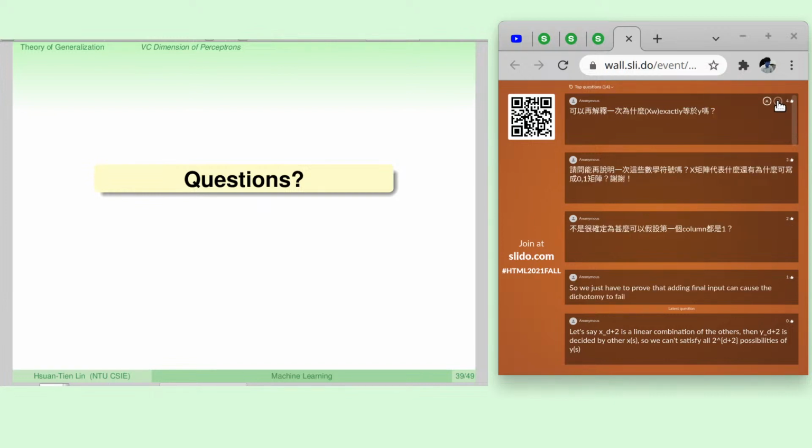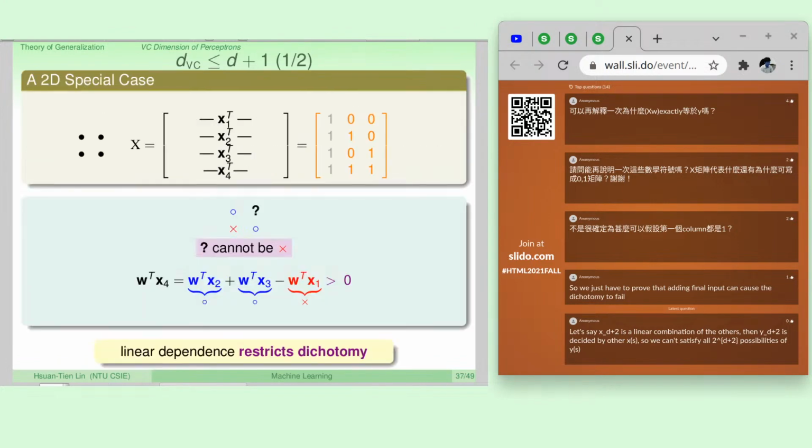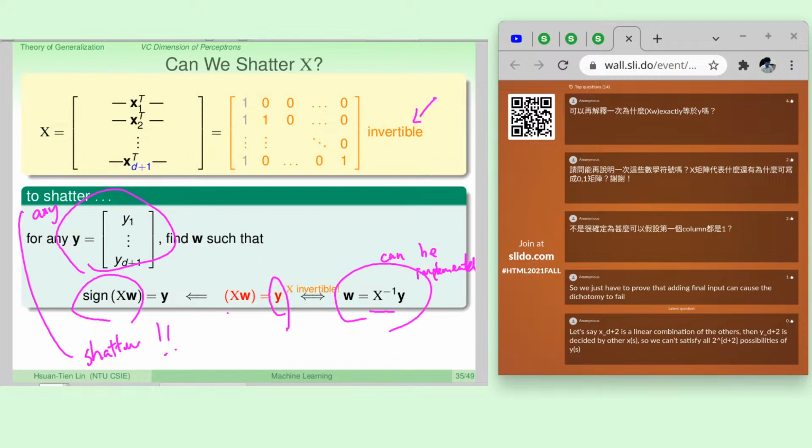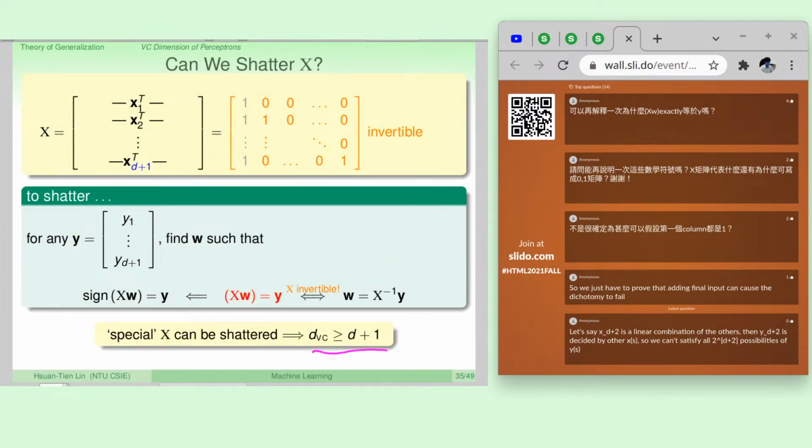Okay, and there's one request about explaining why Xw exactly equals y. Now, I'm assuming you refer to the previous case where we compute this particular w. We know X is defined above. We know the y that we want to implement.